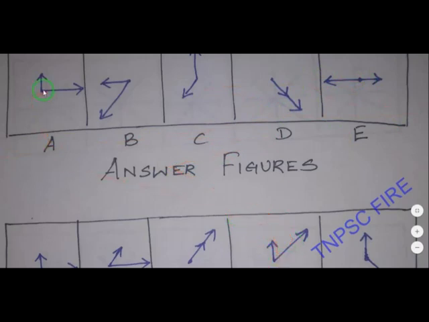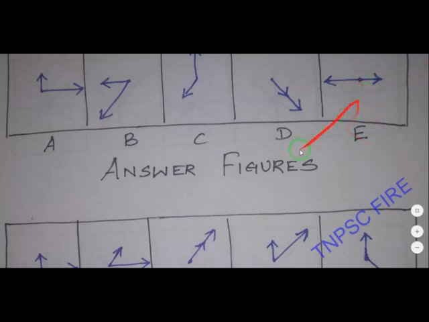In small arrow, here is a small arrow, no? In anti-clockwise, it will come. That is, we will assume a line in between the arrows, small arrows. Here a small arrow comes, no? The last arrow, it will come like this, no? Straight.